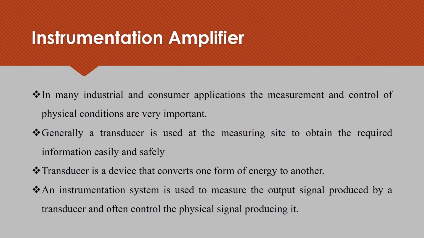For example, a strain gauge, when subject to pressure or force, that is a type of physical energy, undergoes a change in its resistance, that is an electrical energy. An instrumentation system is used to measure the output signal produced by a transducer and often to control the physical signal producing it.